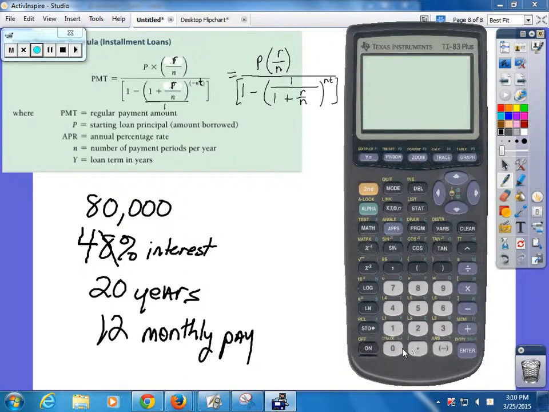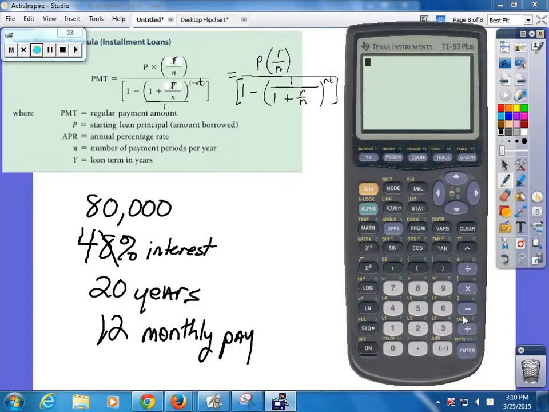The 0.04 divided by 12 plus 1. 1 divided by inverse answer. And raise that to the what? 240th power. And then 1 minus that number is that number. Store alpha D.